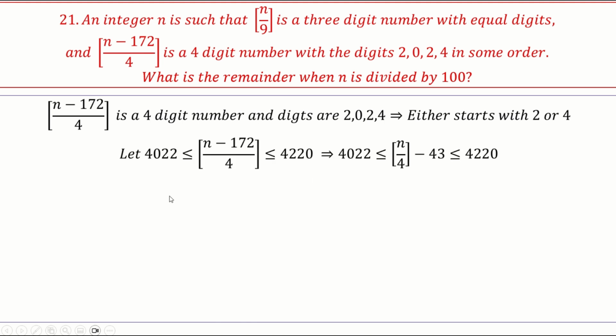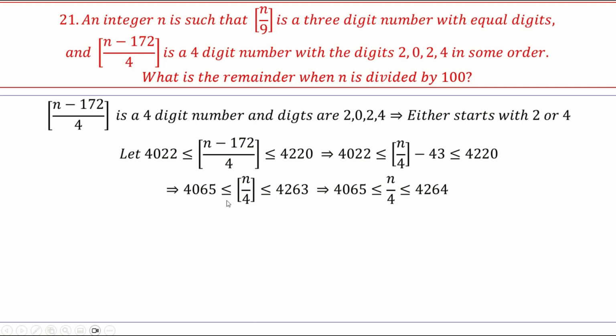Let's take 4 first. If you take 4, this number, floor of (n minus 172) by 4, is between 4022, which is the smallest number you can form with 4, and the biggest number you can form, 4220. If I separate this, it is n by 4 and 43. 43 doesn't require a floor because it's already an integer. n by 4 might require a floor, so I kept it separate like this.